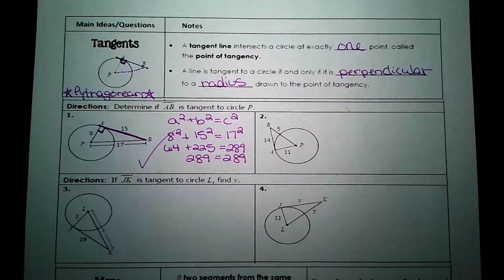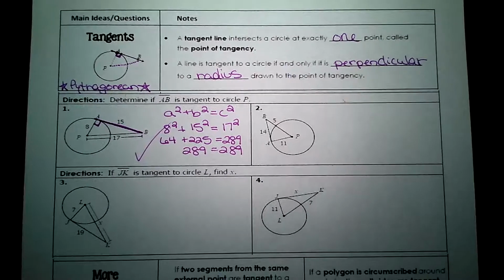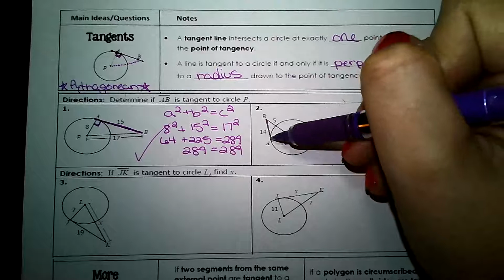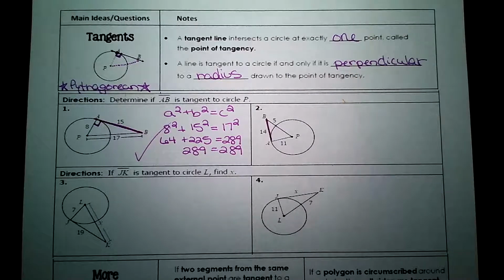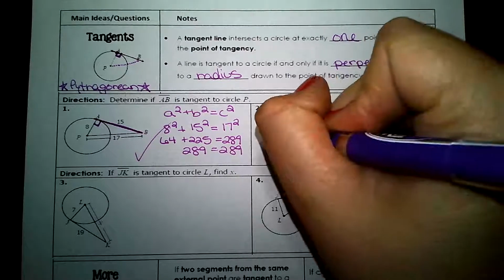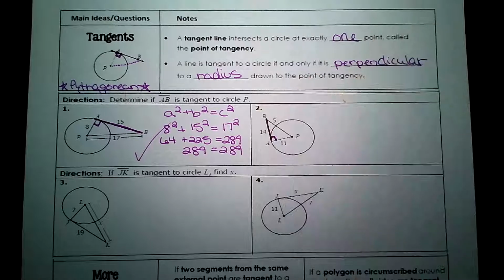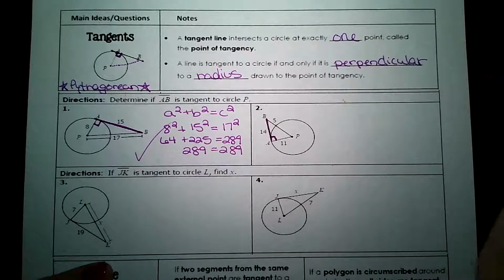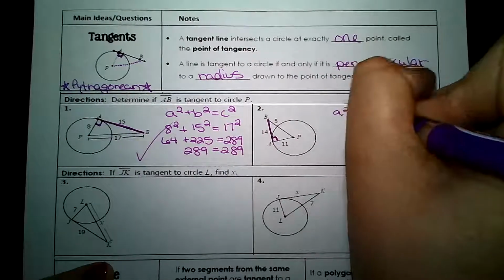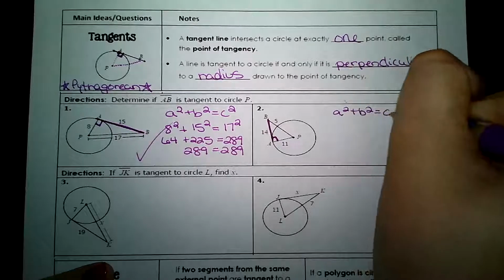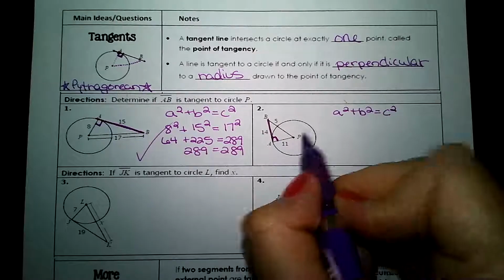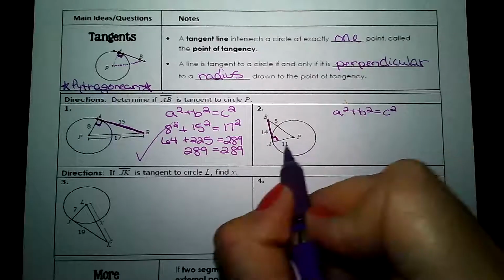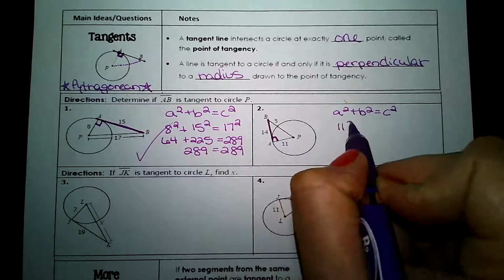All right, let's try again over here on number 2. Our question is, is this truly a tangent line? And if so, it will form a right triangle. So let's check out our Pythagorean theorem. A squared plus b squared equals c squared. All right, A is our short leg, that's 11.